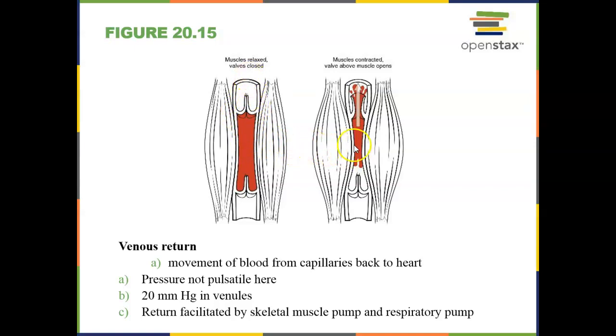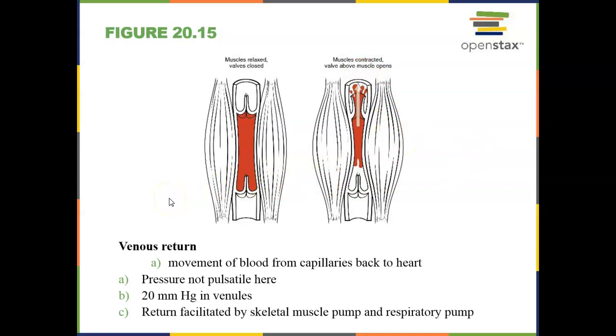And so blood's not going to move from a region closer to the heart away towards the capillaries. It always moves in one direction, from capillaries towards the heart.